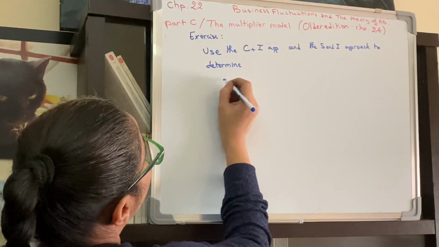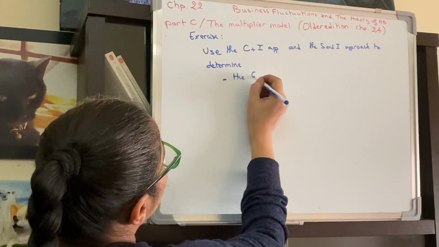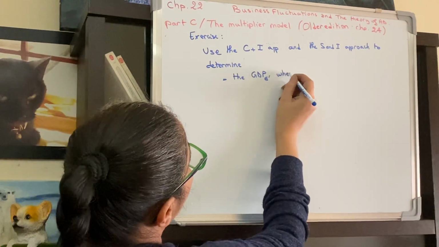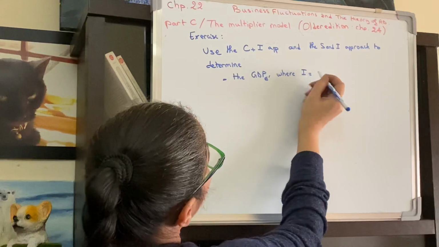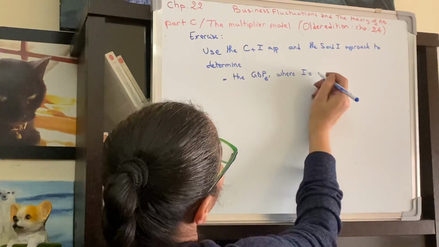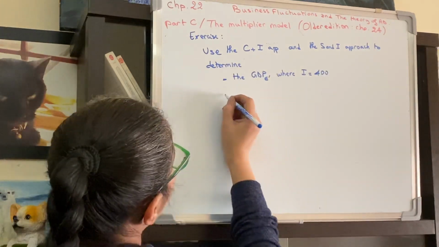Okay, first the GDP at E prime, where I is equal to 300. Oh, we did 400 first. Okay, is equal to 400.